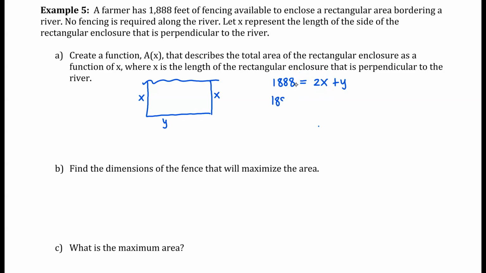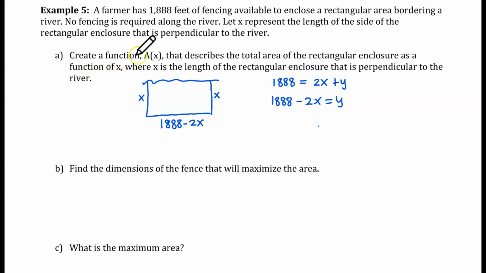So you have 1,888 minus 2X is equal to Y. So that means that we can replace the Y here by 1,888 minus 2X. So this is actually the Y. So that's the side.